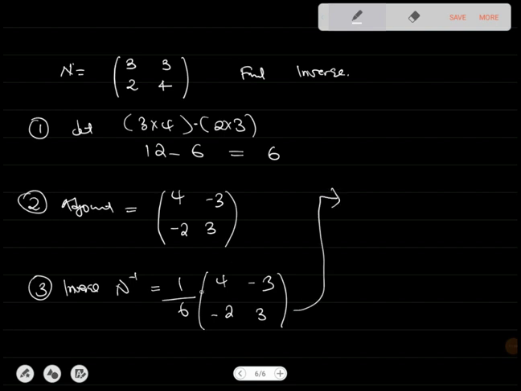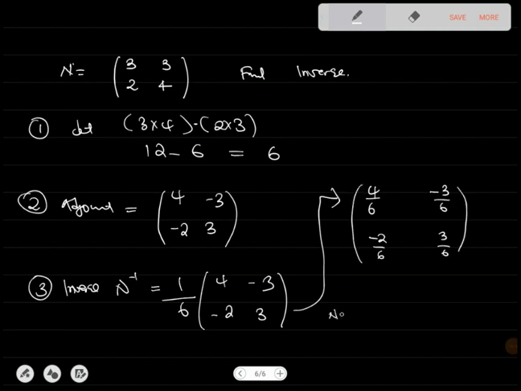Which I'll answer from here. 1 over 6 times 4 is just 4 over 6. 1 over 6 times negative 3 is negative 3 over 6. 1 over 6 times negative 2 is negative 2 over 6. And 1 over 6 times 3 is 3 over 6.